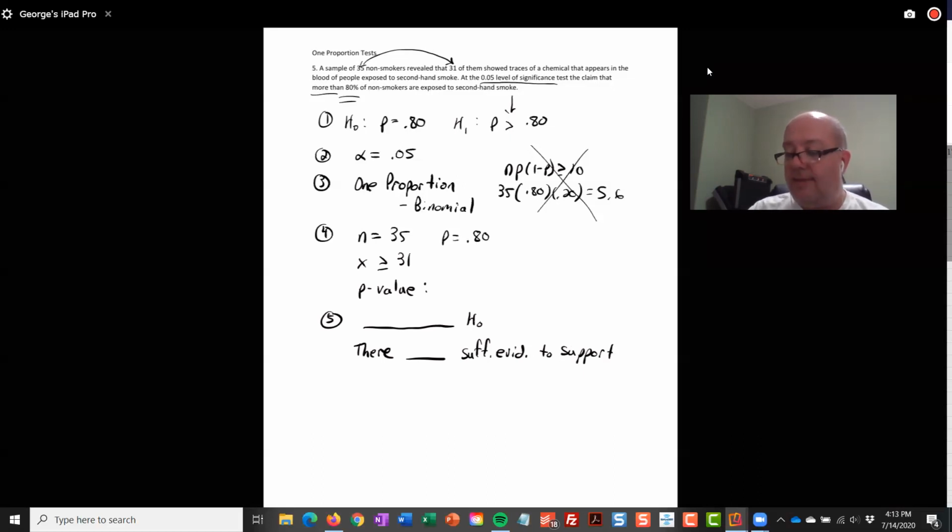And here, that more than 80% of non-smokers are exposed to secondhand smoke.